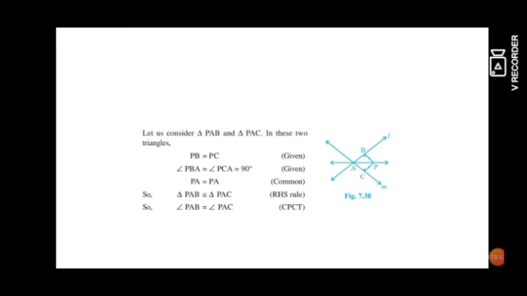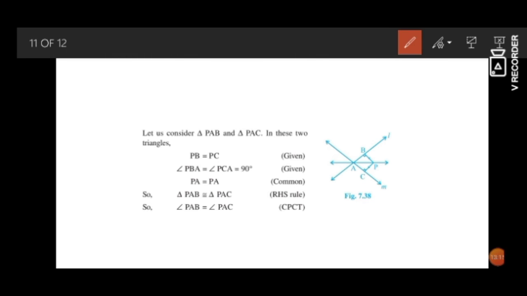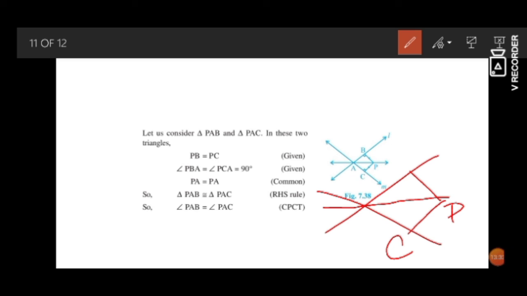So how are we going to prove it? Let us consider the two triangles PAB and PAC. If I enlarge the diagram, we have C over here, P here, B and A. We are going to consider the above triangle and the below dotted triangle.